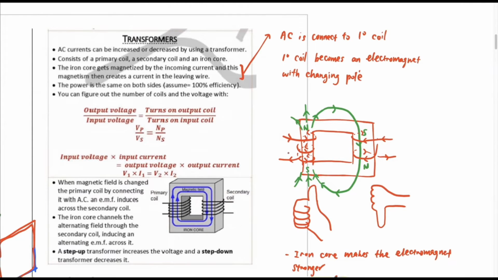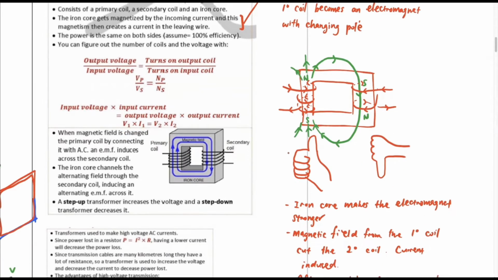Current flowing in the primary coil makes the electromagnet to be formed. So that's the thing. The electromagnet that's formed cuts the secondary coil, EMF is induced here, and current is flowing in the secondary coil.